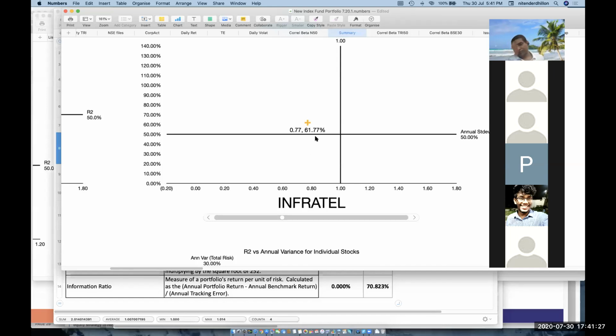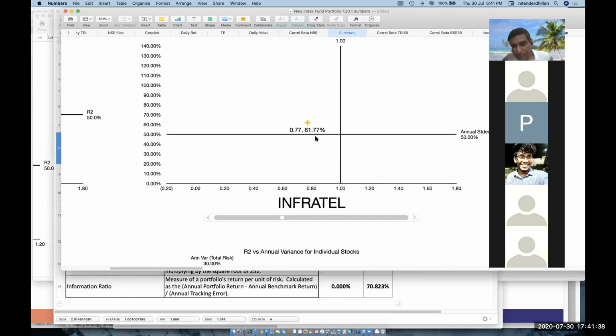So what does this mean? It means that their stock prices are moving, they have high volatility. However, it is not in line with the market's volatility.